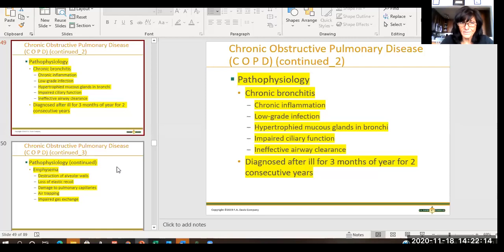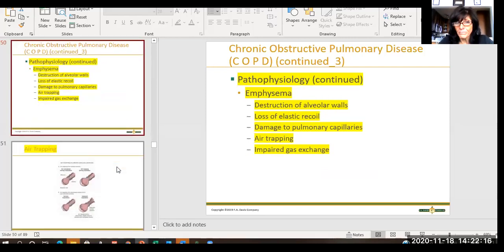That's chronic bronchitis. Emphysema. Usually smoking cigarettes, which isn't good, is one of the major causes. The walls of the alveoli get destroyed and they get enlarged and they don't work right. They're not elastic anymore. And the little capillaries get damaged. So air gets trapped in there.